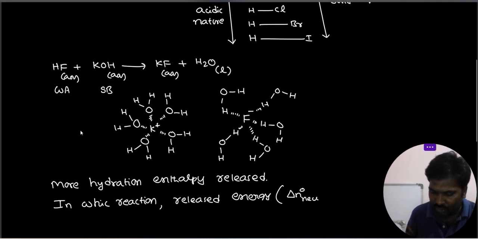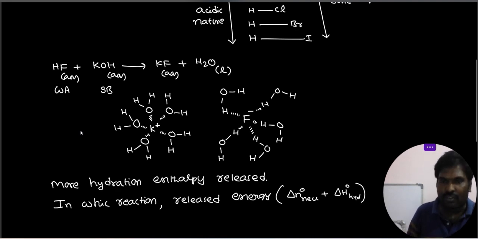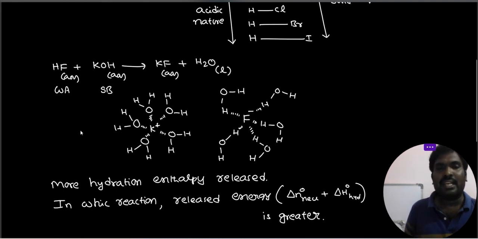Neutralization energy, of course, is less than 57.1 or 13.7 kilocalorie, but that neutralization energy plus hydration enthalpy is also released. This sum of energies is definitely maximum, so more energy is released. That's why the released energy is greater compared to the remaining reactions. That's why here option 1 is the right answer.